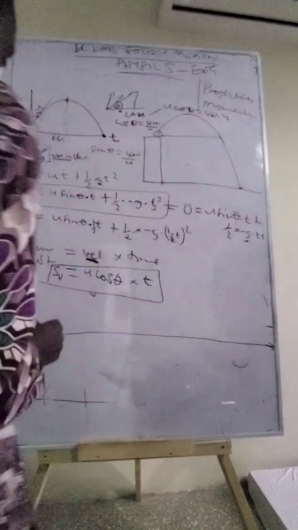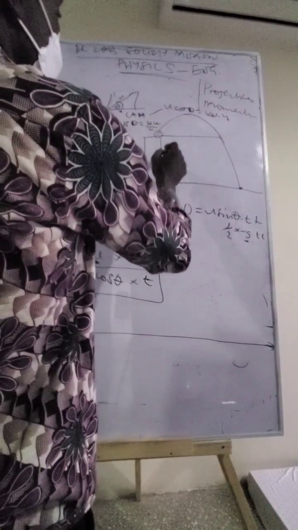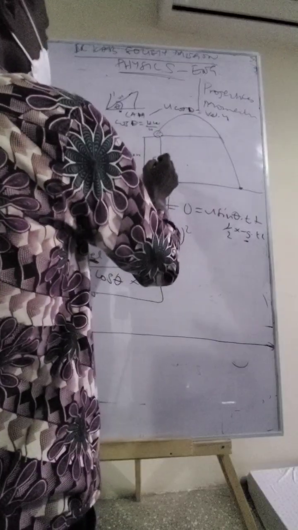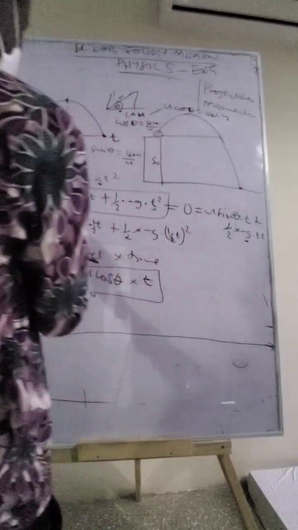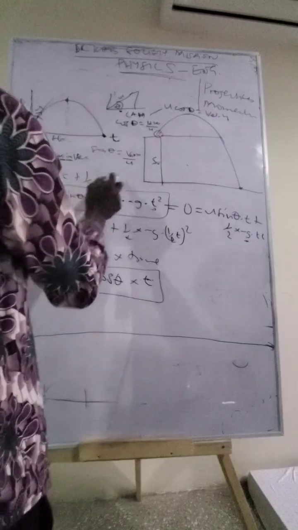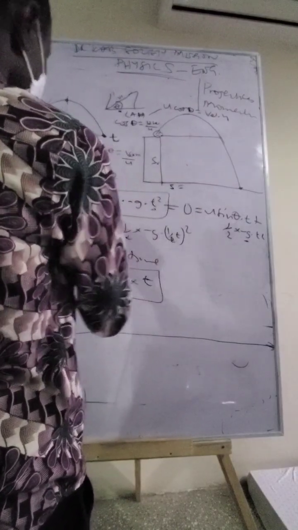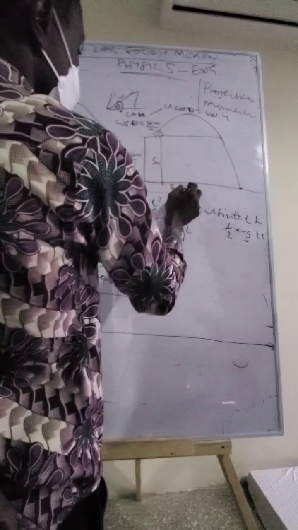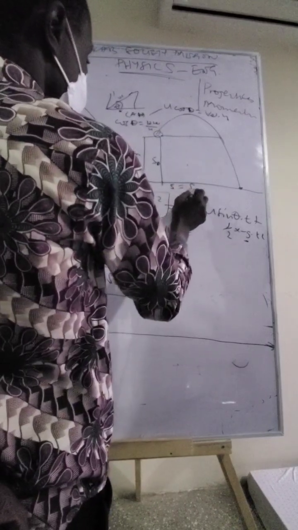For this part of the equation, if you want to get for the horizontal, let's say this is the distance, this is the vertical distance, okay? Your equation here, the equation there, that is s will become what? Because we have initial, let's say S0, we have initial height, so that will be S0.